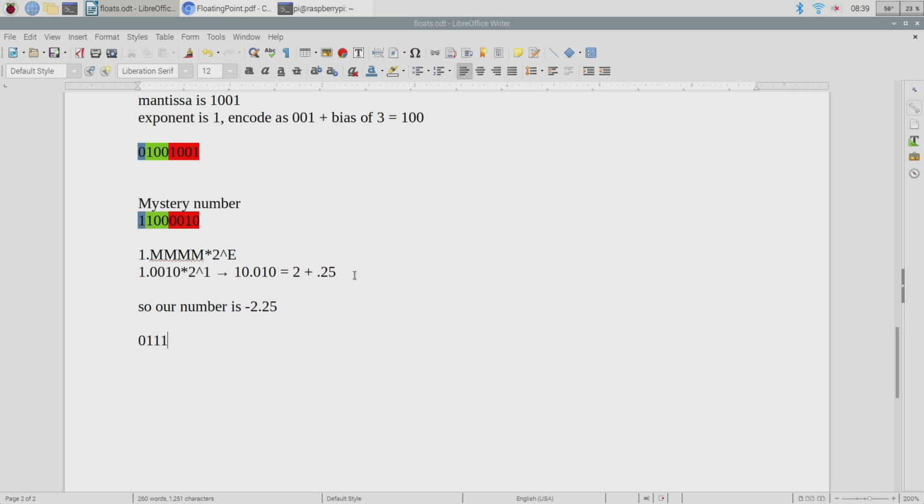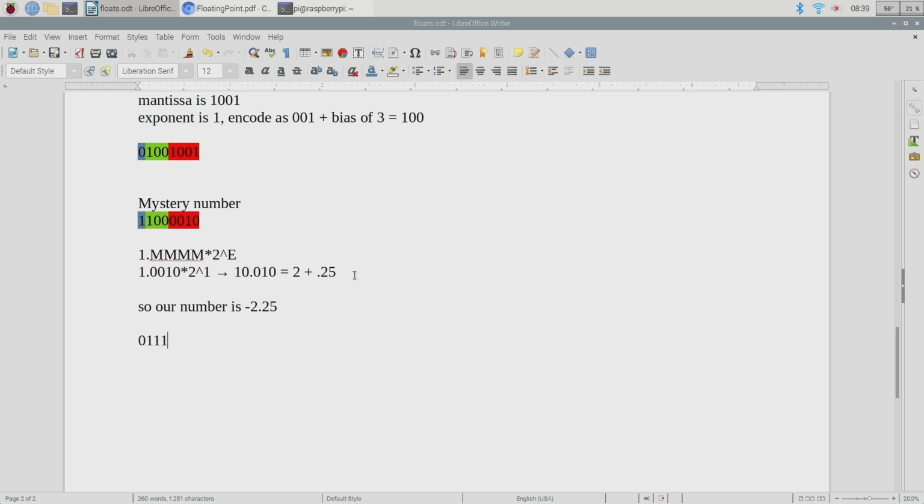How about that? Okay, what does that look like? 111 is an exponent. It looks like 7. What does it really count as? 4. Okay, why 4? Okay, what's 7 minus 3? 4.